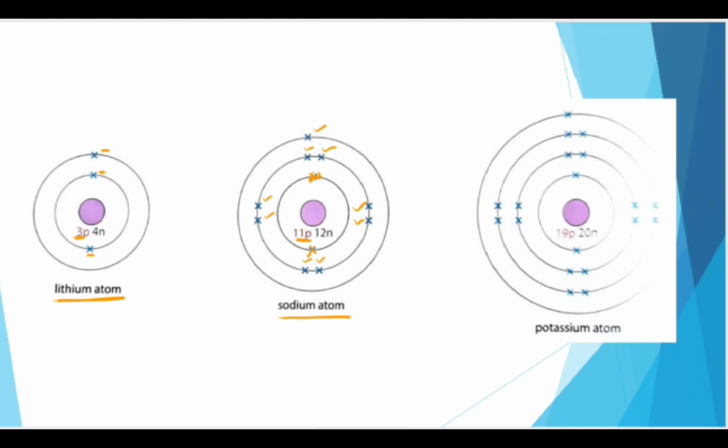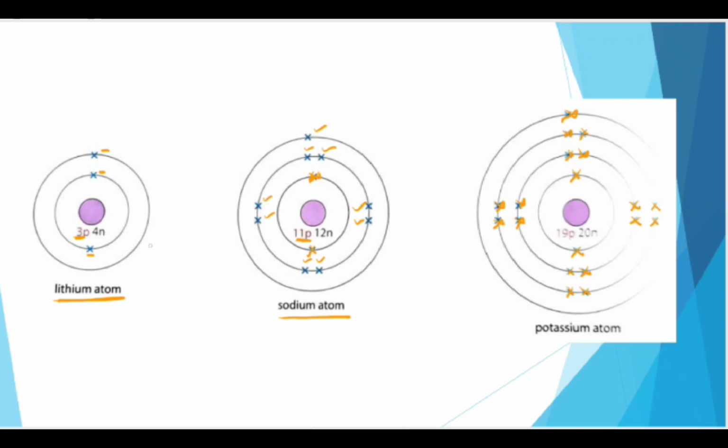And potassium, which is 19. 2 in the first K shell. 1, 2, 3, 4, 5, 6, 7, 8, 8 in the next shell. Again 8 in the next shell and 1 outside.